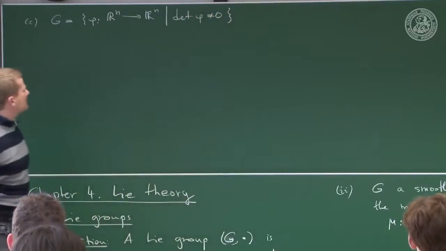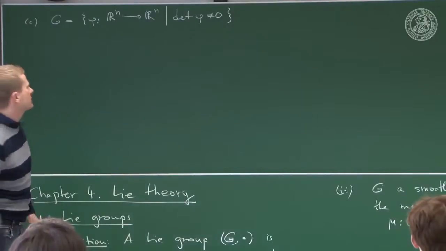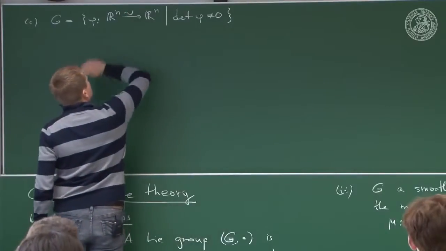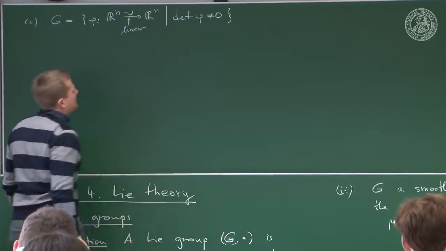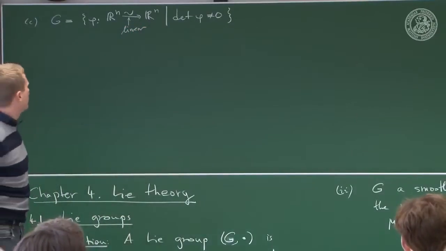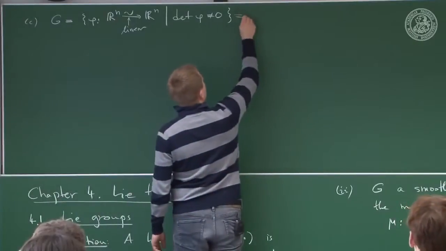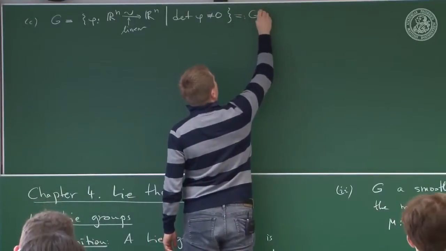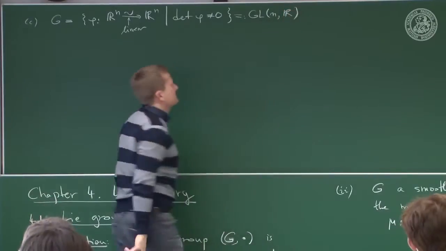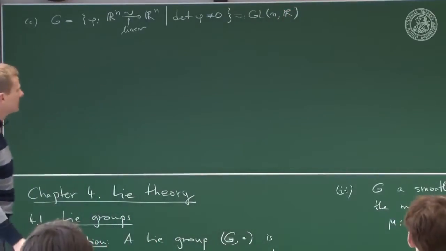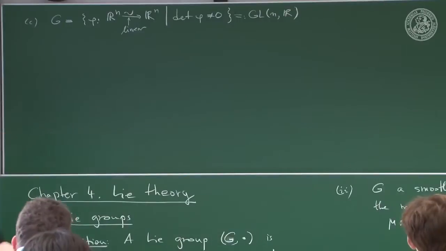This, of course, means that these linear maps are invertible. So I should emphasize that this is supposed to be linear maps that are invertible, and that set has a special name, called GLn over R, the general linear group. Well, it's not a group yet, that's only a set.